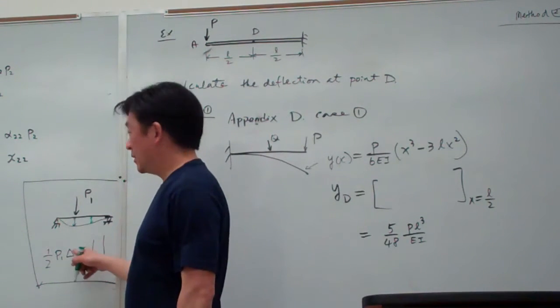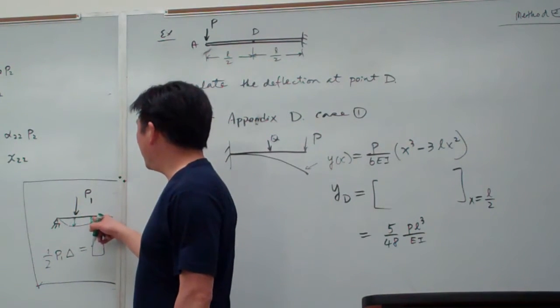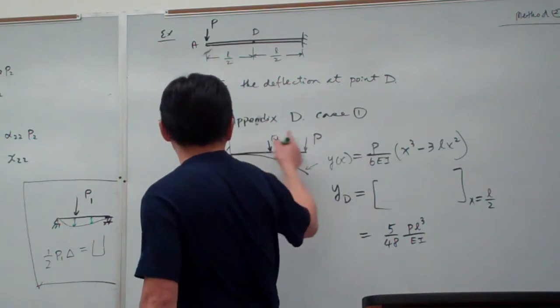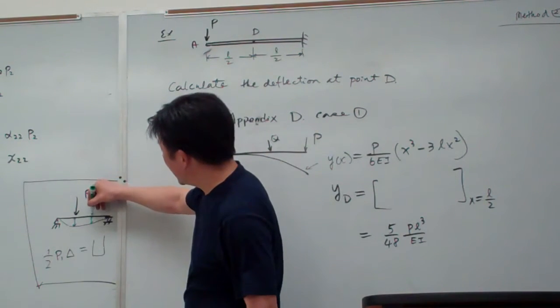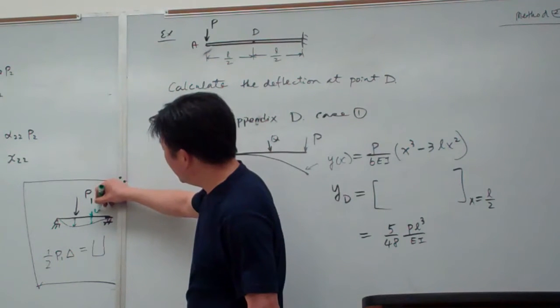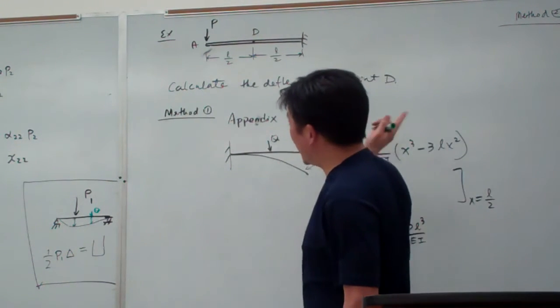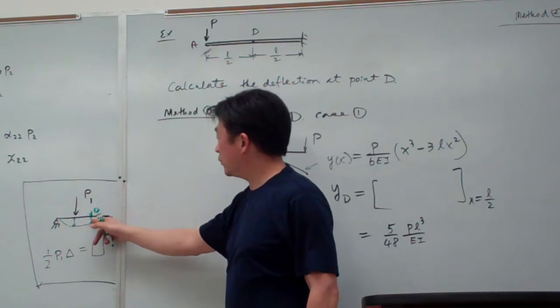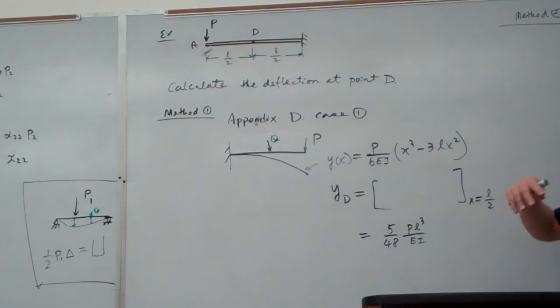This method only applies where the loading is. If we want to calculate this one, we have to utilize this formula by introducing an additional virtual loading Q similar to this one. Then we apply the same formula to this point and set Q equal to 0. That is the very top concept.